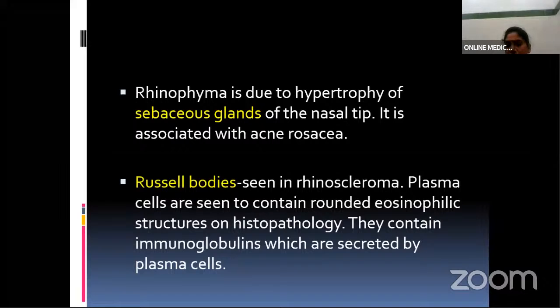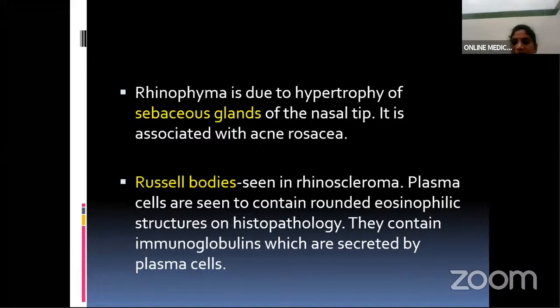If there is some injury, for example with a nail, it sometimes develops, or even without injury it will develop due to the infected or hypertrophic sebaceous gland, which is otherwise called acne rosacea.